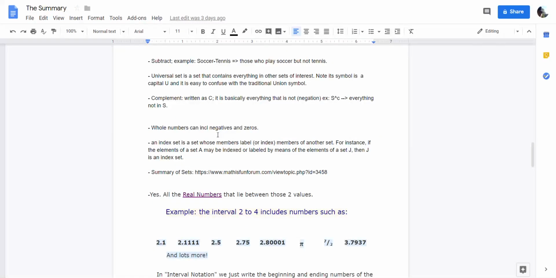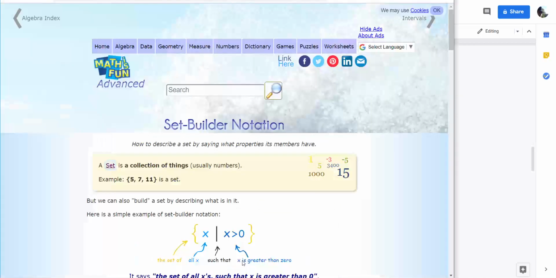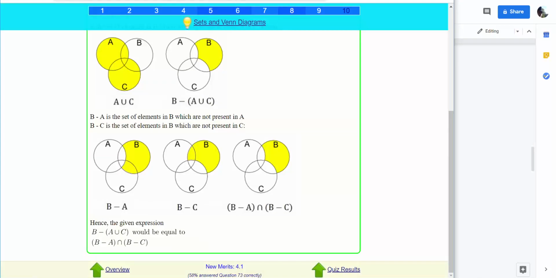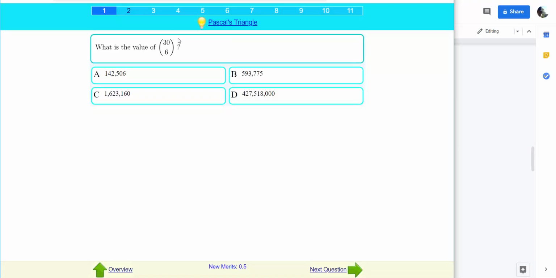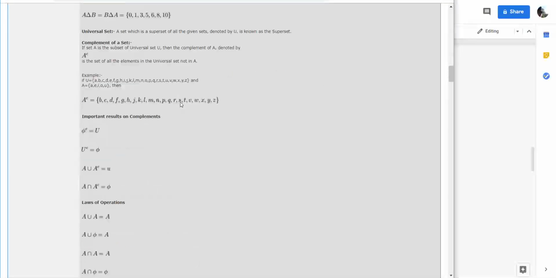What else? We've also seen the complement, which is anything that's not in the given set. There was also a summary that we discovered, which was pretty nice.